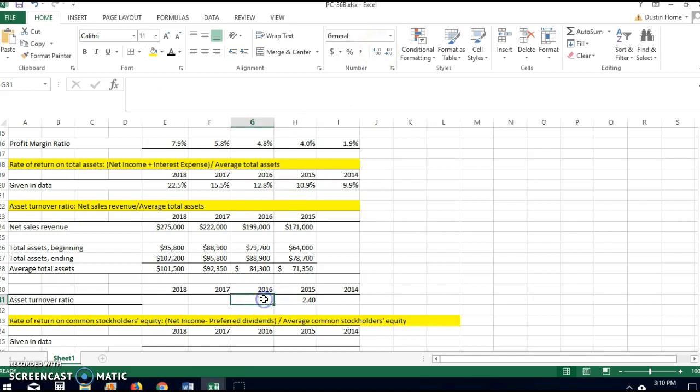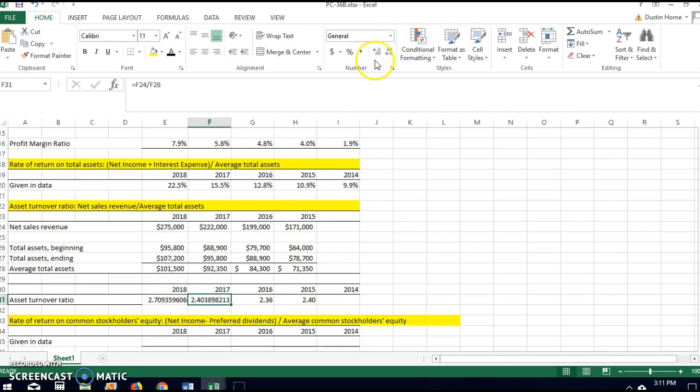That'll be fine. So 2.36, and then here we would do net sales revenue divided by average total assets, and net sales revenue divided by average total assets.